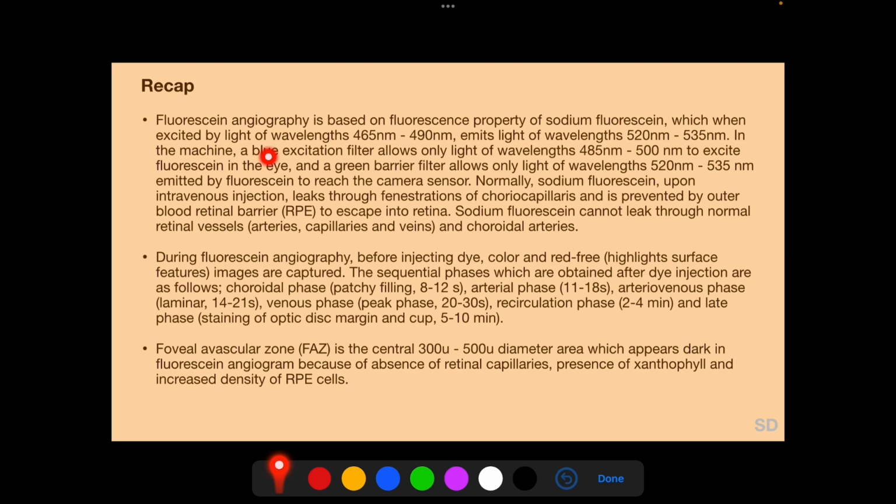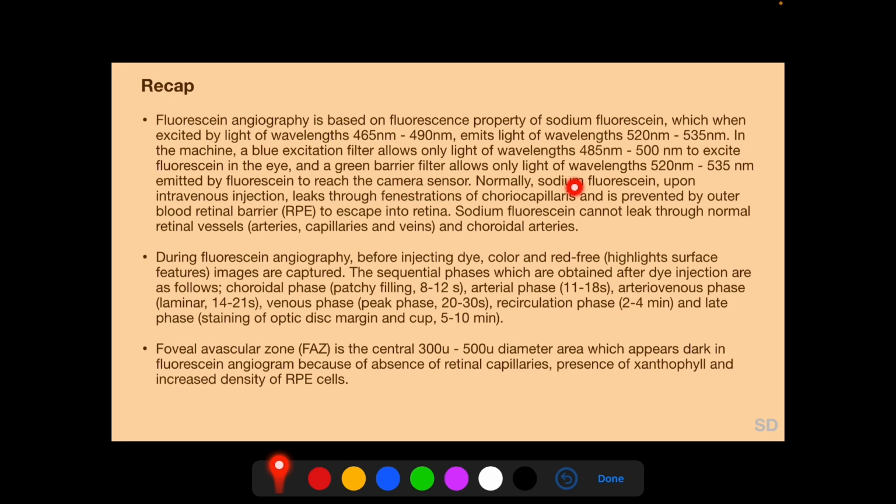In the machine, a blue excitation filter allows only light of wavelengths 485 nanometer to 500 nanometer to excite fluorescence in the eye, and a green barrier filter allows only light of wavelengths 520 nanometers to 535 nanometers, which are emitted by fluorescence, to reach the camera sensor.